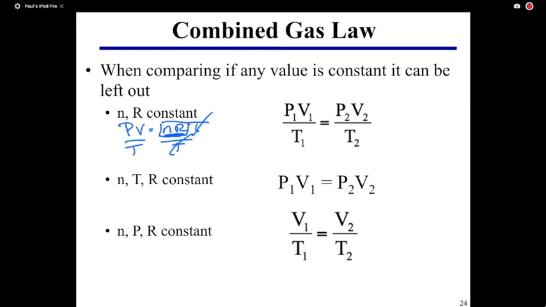So if I have a gas, and I don't change the amount, and I don't change R, then I can have condition 1, condition 2, and this one is actually called the combined gas law, where PV divided by T, condition 1, is equal to PV divided by T, condition 2.